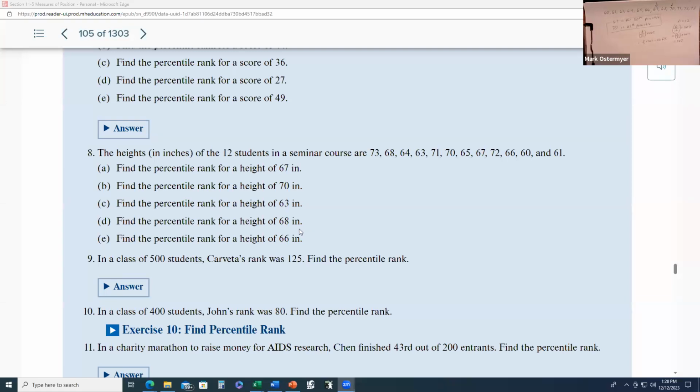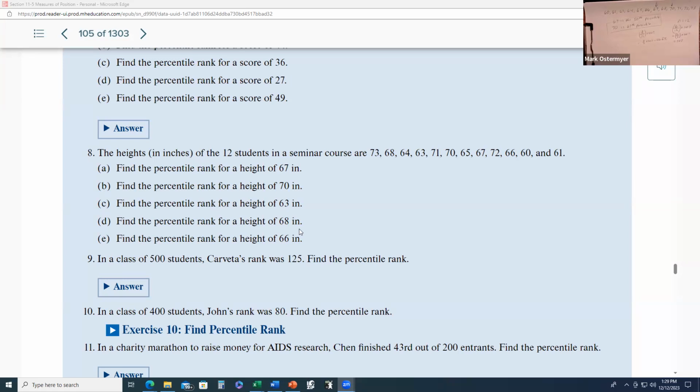Like I said, if you ever get a decimal for the percentile rank, just round it off to the nearest whole percent. And let me know if there's any issue with Alex.